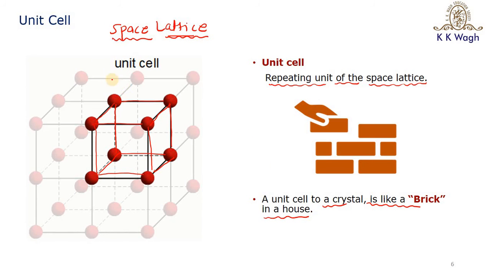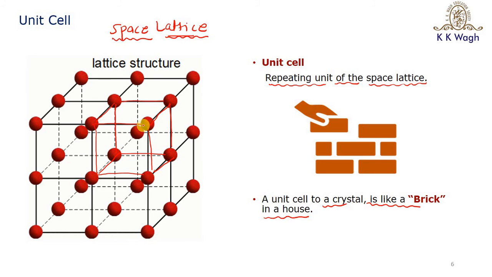So you can observe all this is a space lattice, a number of atoms connected by imaginary lines, and out of the number of bricks from which this house has been made, one brick of that house can be called the unit cell.